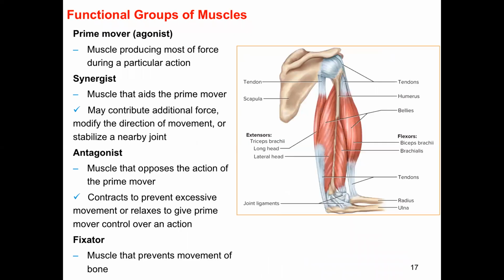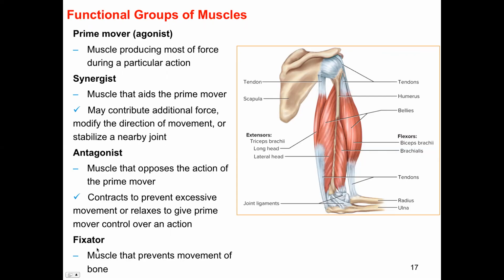So if we look at this whole thing, the prime mover, using our antagonist analogy, is the agonist, the main muscle that's producing the most force in that movement, all right? So if the biceps is contracting and the arm is flexing, the agonist or the prime mover is the biceps. And it is supported by the brachialis and the brachioradialis, which are the synergists. And its antagonist, of course, is the triceps, so it would be working opposite to that, all right?